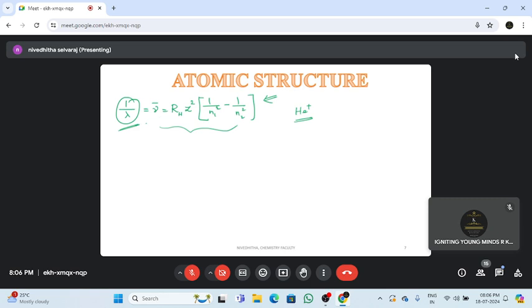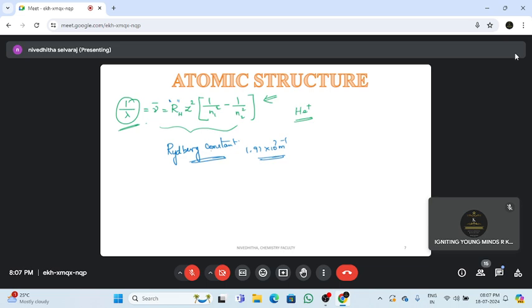Okay, but basically what is hydrogen spectrum? Apart from this formula, what are all the stuffs you studied in hydrogen spectrum? And basically what is this RH? It is constant. Yes, it is Rydberg constant. And the value of Rydberg constant is 1.097 into 10 power 7 meter inverse.